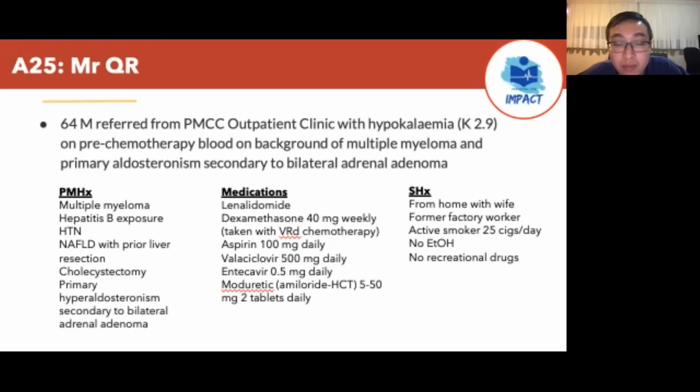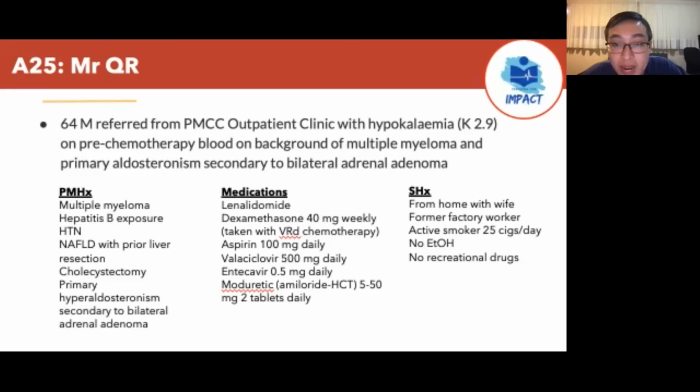He's on some medications. So lenalidomide, dexamethasone, we'll talk about this in more detail in a second. So this is part of the VRD therapy, which is the most common treatment regimen for patients with multiple myeloma that aren't on a clinical trial. So on some aspirin, valganciclovir, entecavir, and a combination of amiloride and hydrochlorothiazide, which are two diuretics.